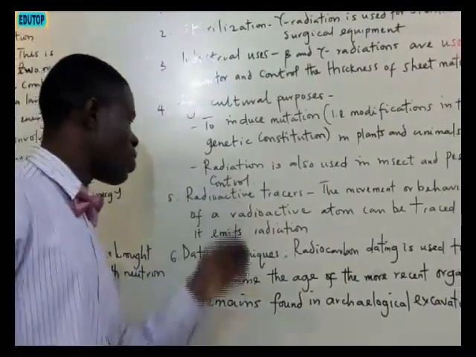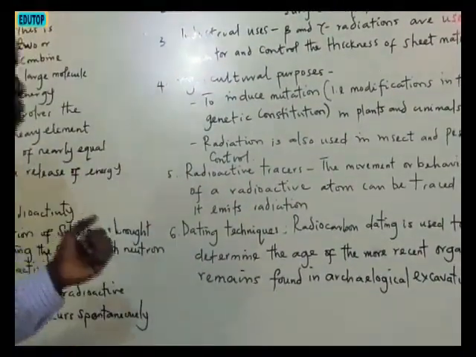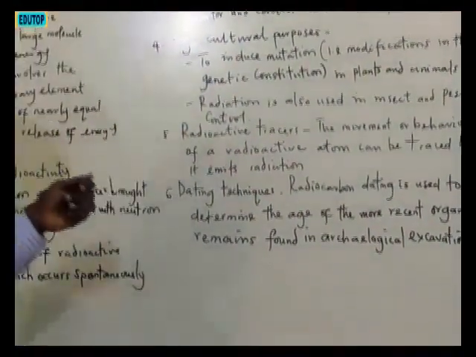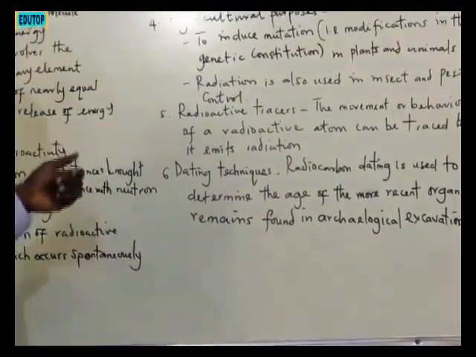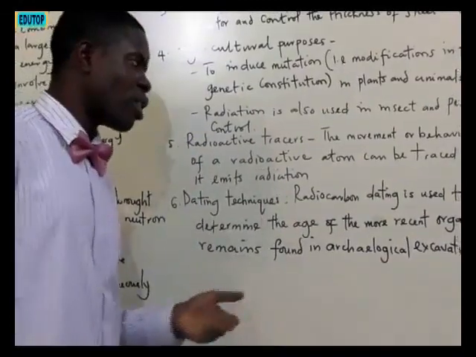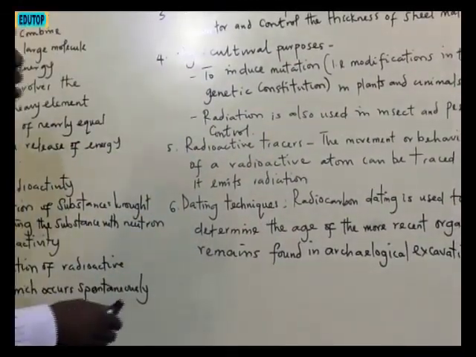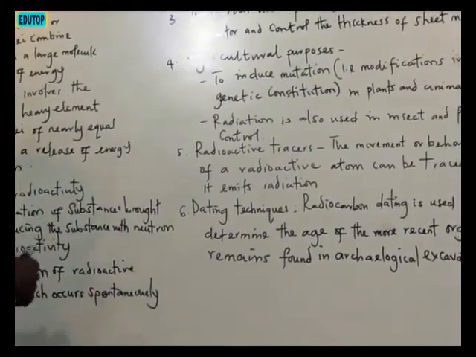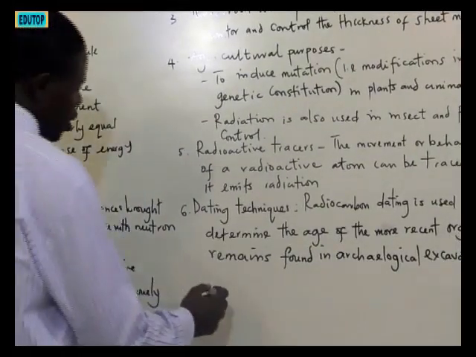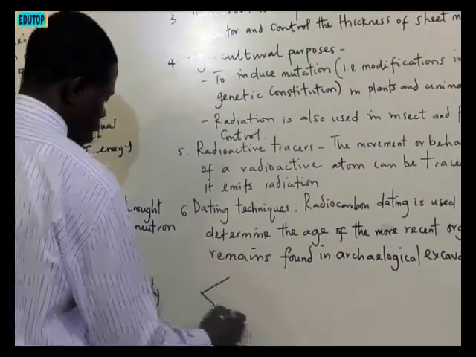Then radioactive tracers. The movement and behavior of a radioactive atom can be traced because it emits radiation. And simply, when a radioactive substance emits radiation, what are those likely radiation you are going to get?